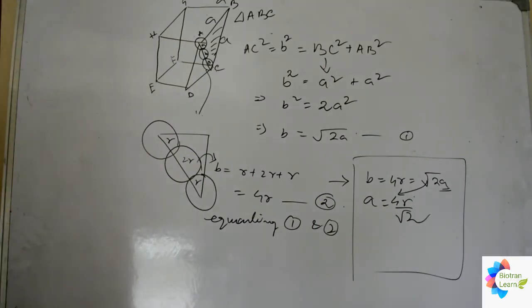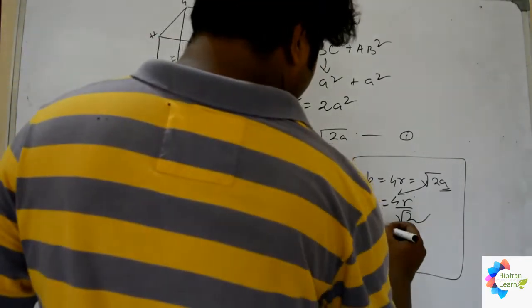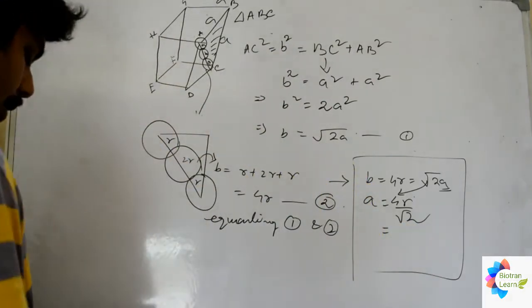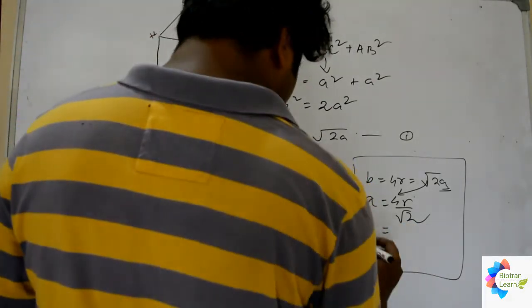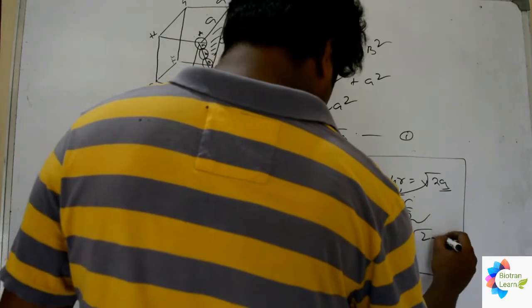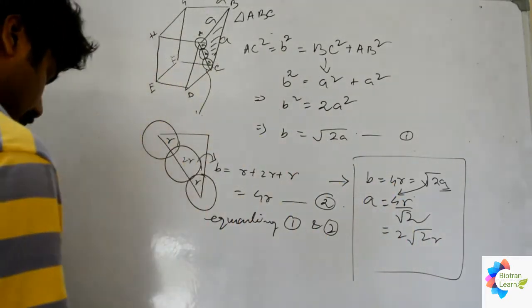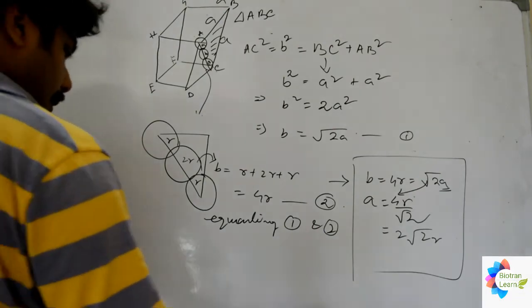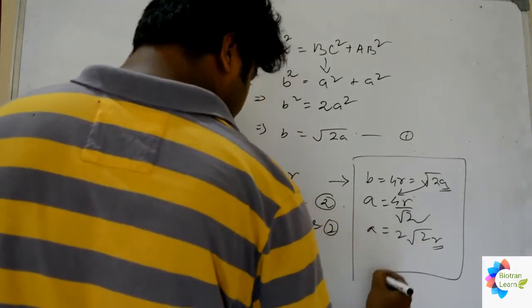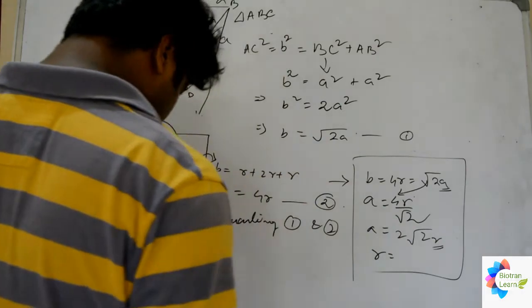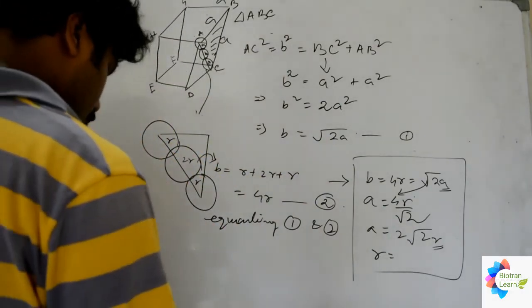Now afterwards, how can we write this one? We can write this one as 2 root 2R, or in this case we can have it as R. Now we will be extracting this one, right? R will be A by 2 root 2.